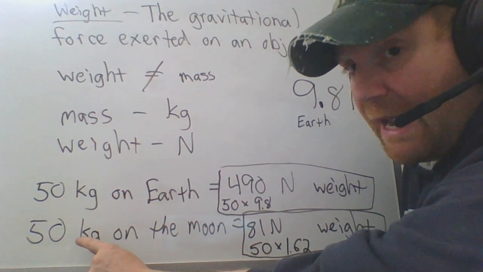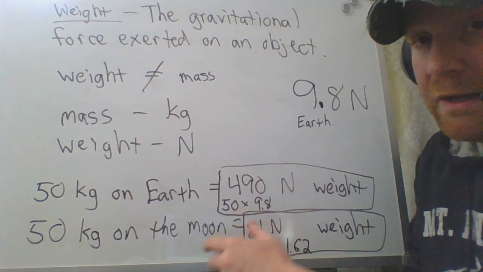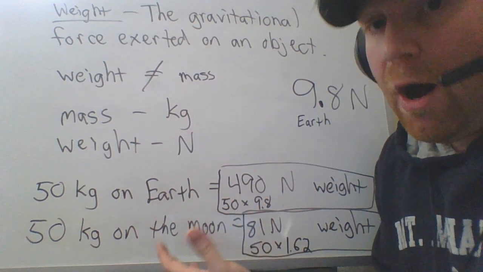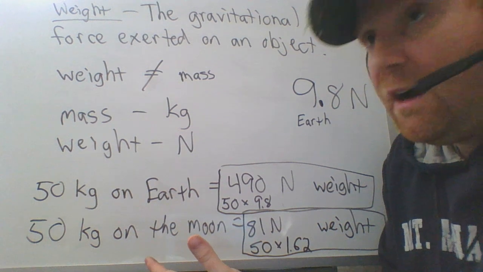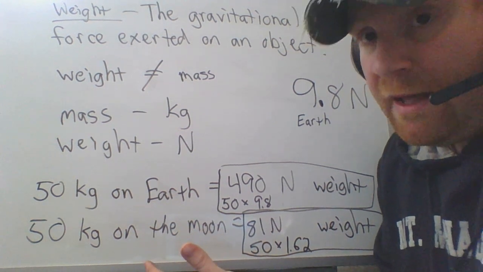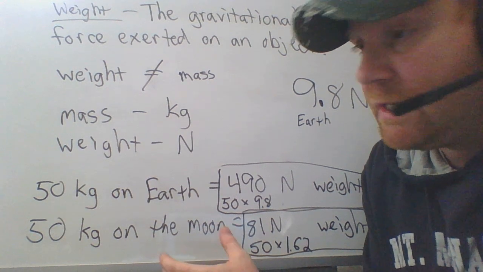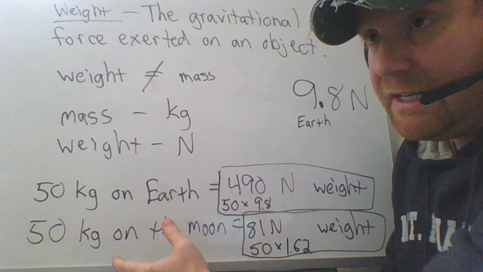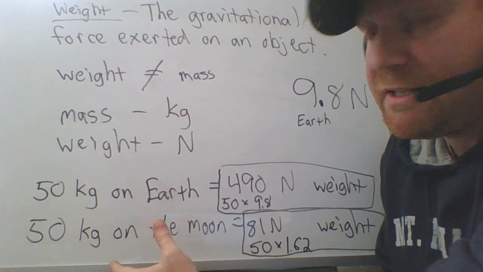If that same 50 kilogram person went to the moon, their atoms wouldn't change. They would have the same composition, so they would have the same mass. But because they were on the moon and there's less gravity on the moon because the moon is smaller, and remember, gravity deals with mass and distance, and the moon is much less massive than the Earth.